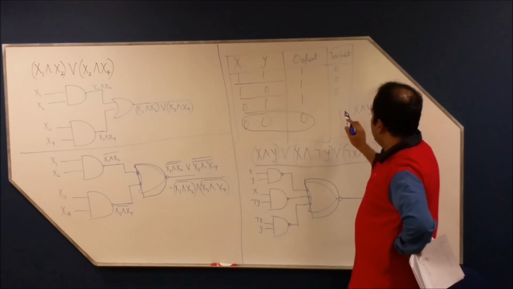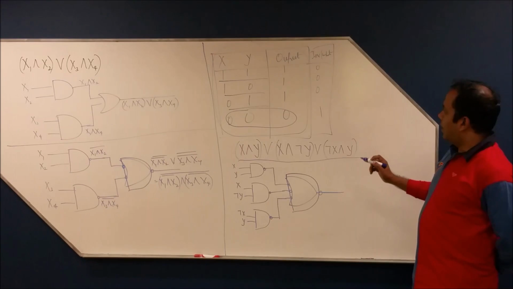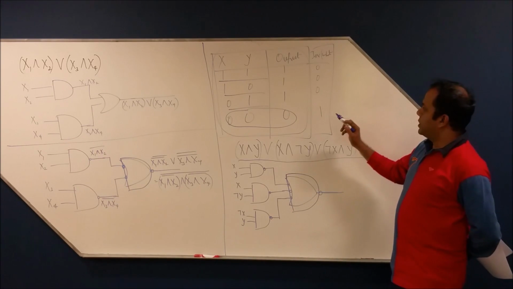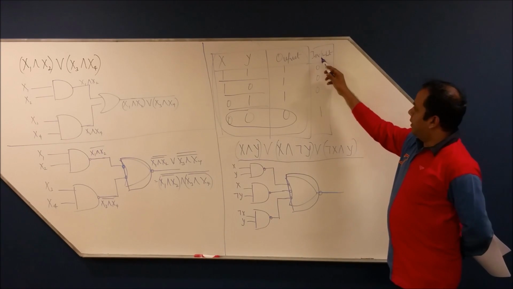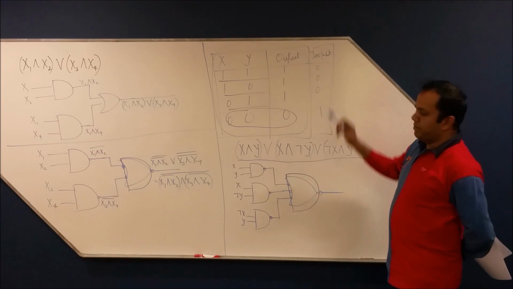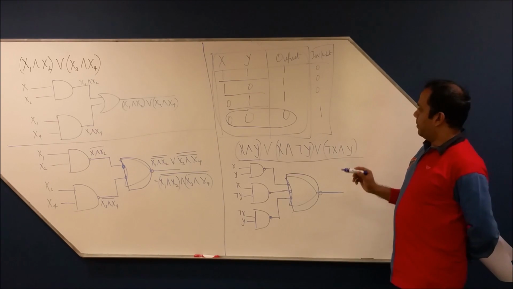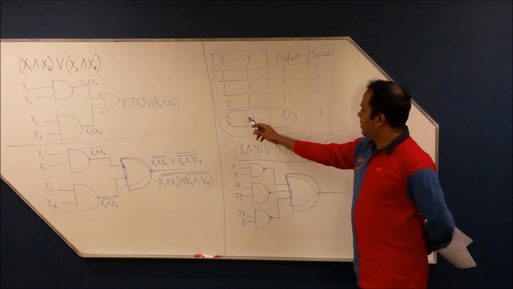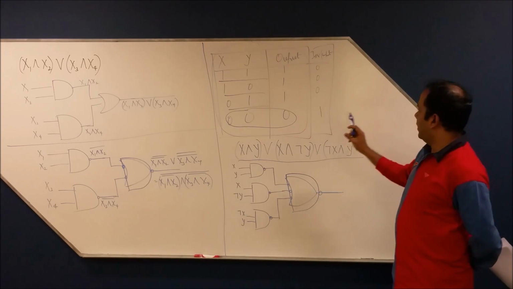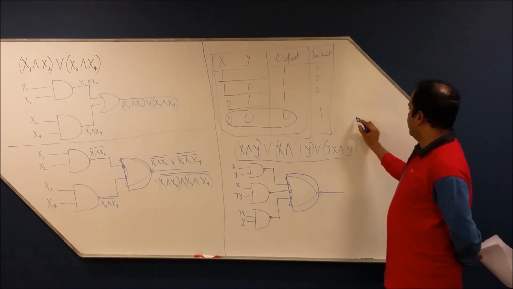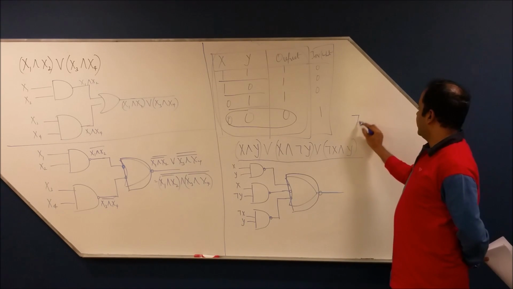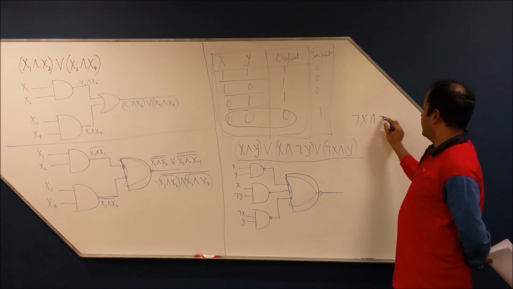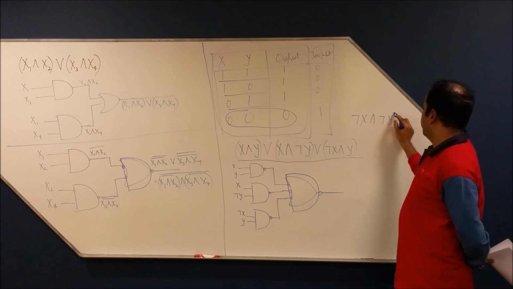Now we can realize the truth values in this column using this row, which is nothing but the negation of x and negation of y.